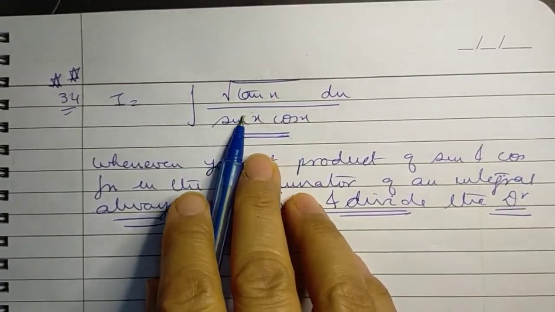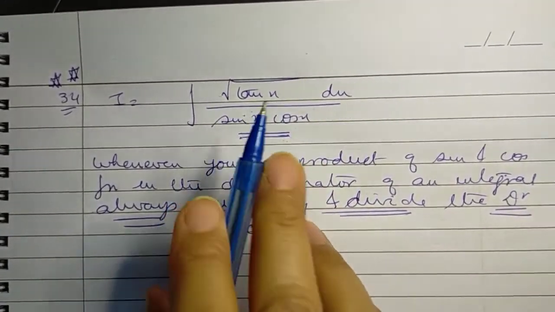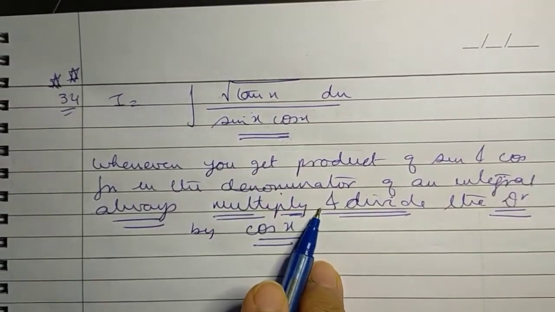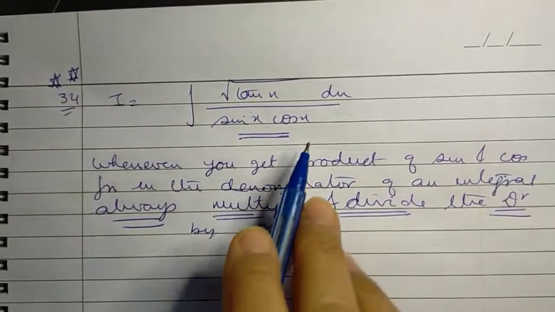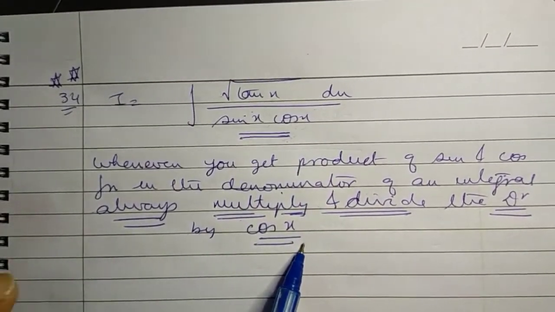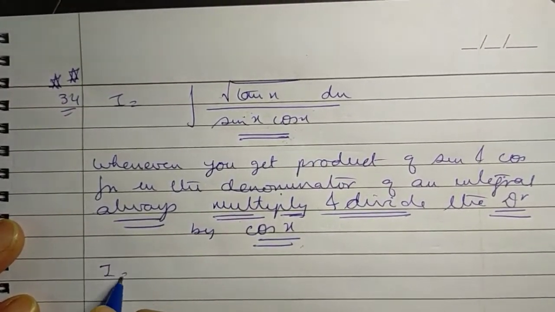Here it is single powers, and if it is present in odd powers, then we do this. So we have to multiply and divide the denominator by cos x. Let's see how it helps us.